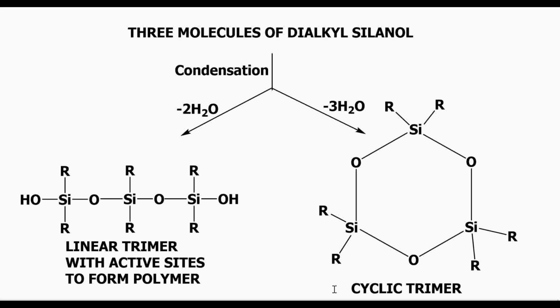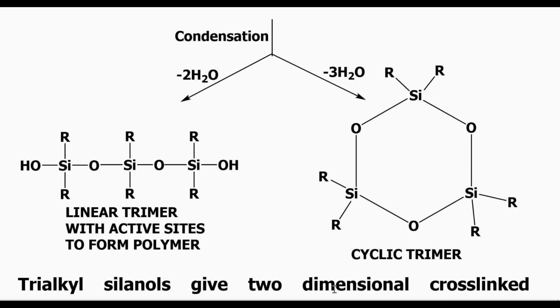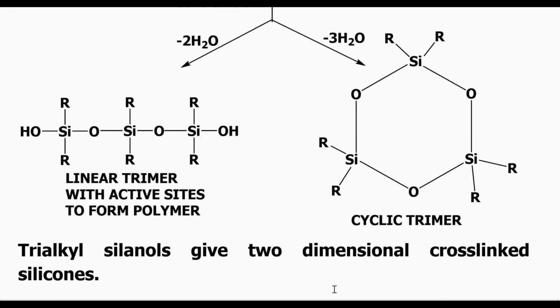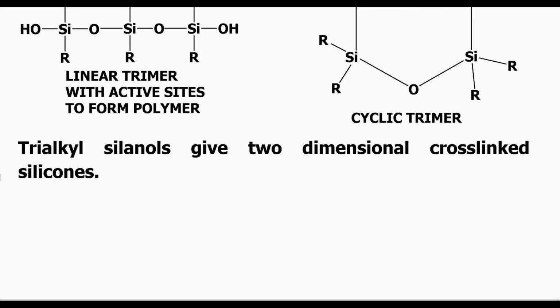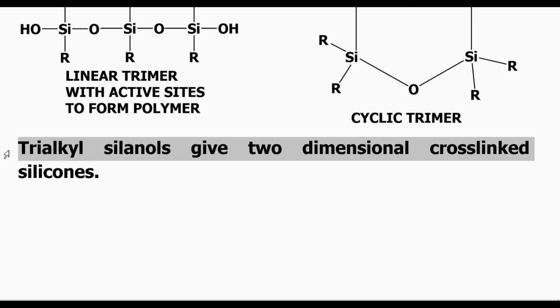So till now we have seen that if you have monoalkyl silanol, then what you can get is a dimer only. But if you condense the dialkyl silanols, then you can get linear polymers or cyclic trimer. Now let us see what happens when you have trialkyl silanols. These trialkyl silanols can give 2-dimensional cross-linked polymers.